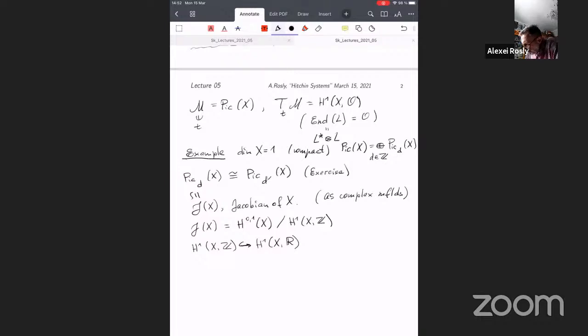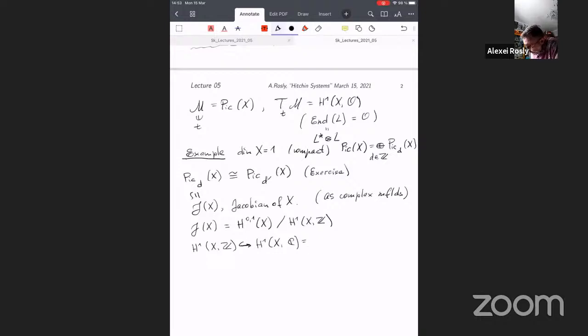But now let me consider it as a subspace in cohomology with complex coefficients. Sublattice. It's not a full sublattice, but nevertheless, it's a subgroup, right?